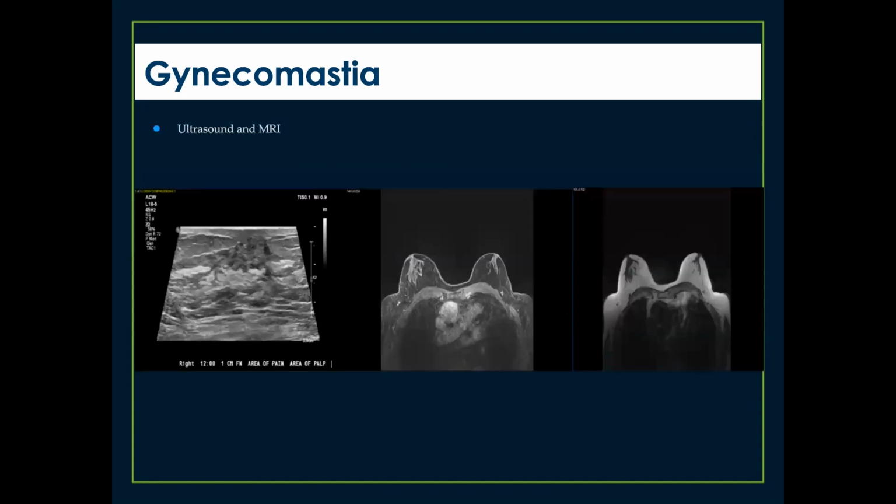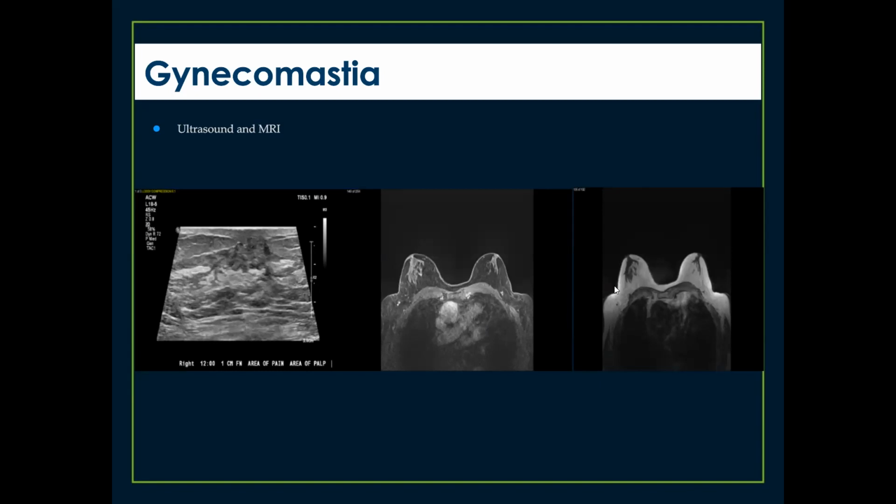So here we have both ultrasound and MRI images from that same patient. So this is, again, a fairly typical appearance of gynecomastia on ultrasound. And we have two images from an MRI exam that the patient had. This is a contrast enhanced sequence, and this is a T1 weighted sequence, which makes the fat bright.